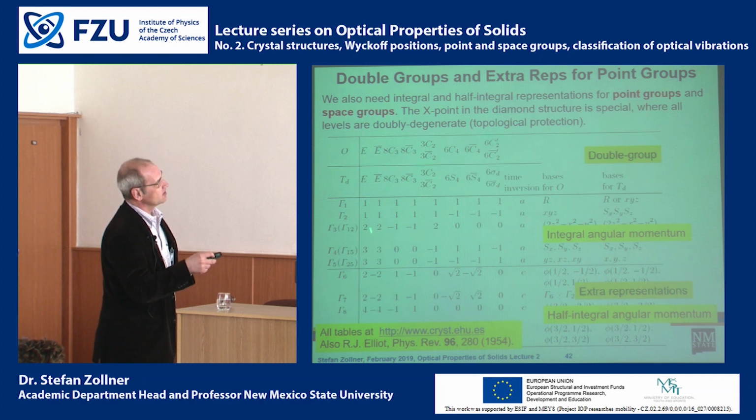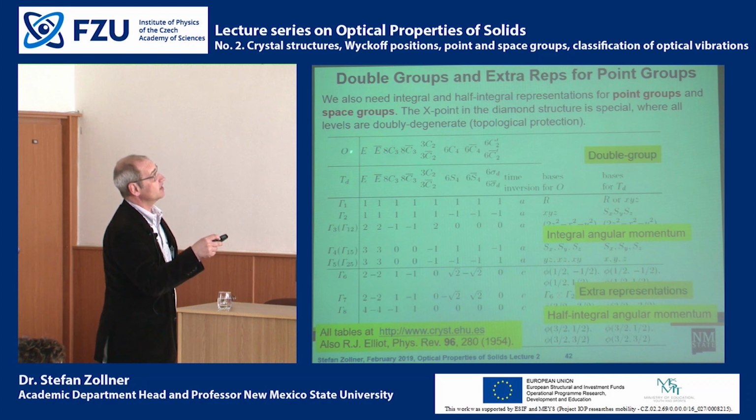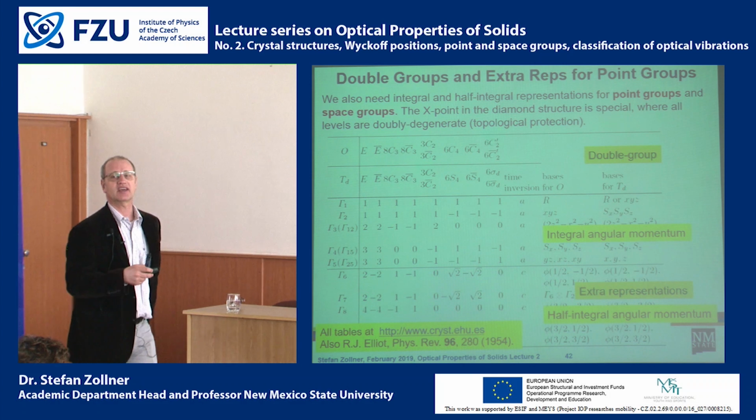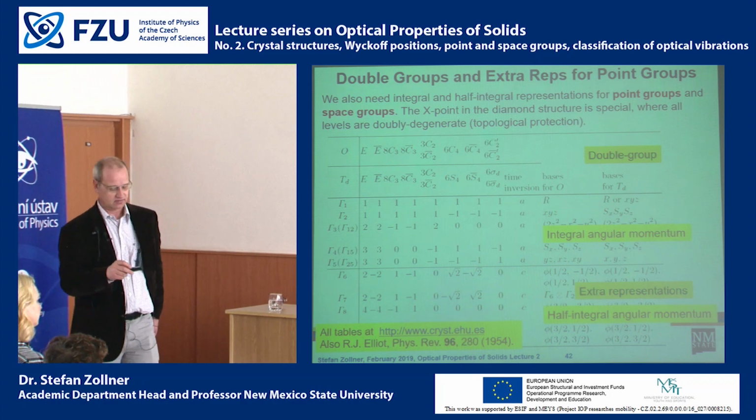So therefore, the gamma 1 through gamma 5, those are the 5 representations belonging to the group O. But then I need to look at the extra representations belonging to the double group. So the electrons in a crystal do not have representations 1, 2, 3, 4, 5. Instead, the electrons belong to the extra representations gamma 6, gamma 7, gamma 8, because they have half-integral spins.